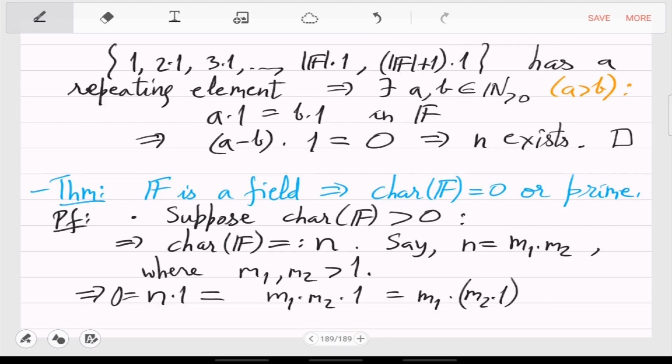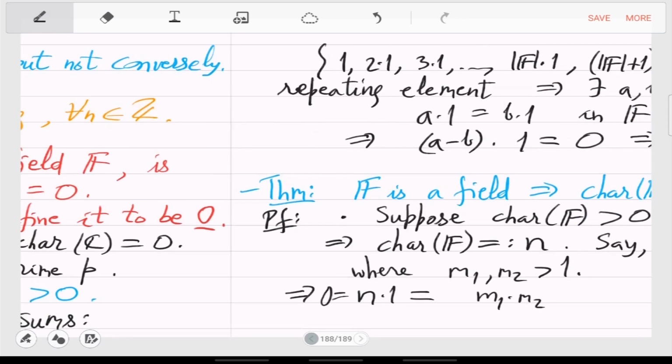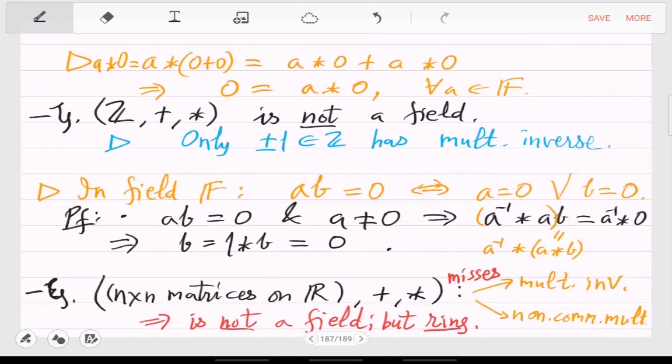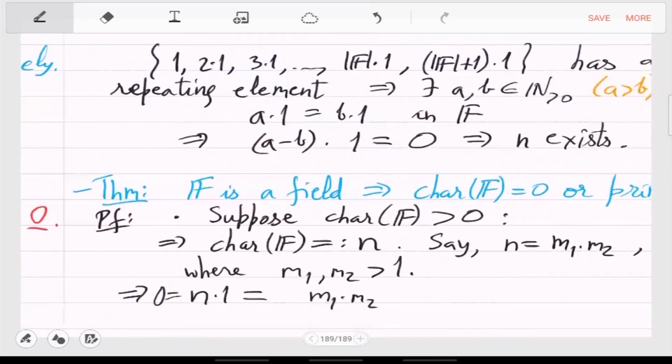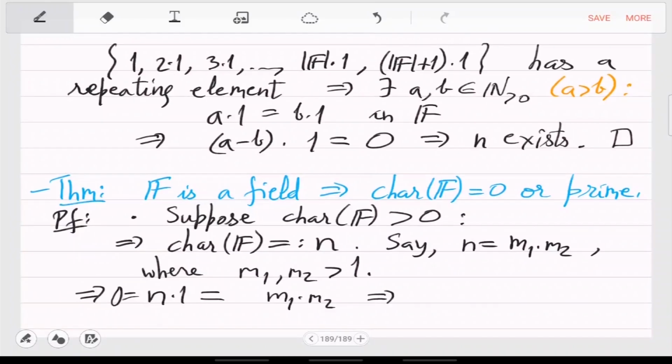Or maybe even simpler, let's just use the cancellation property. AB equal to 0 means one of these is 0, right? So if you use that, then you will deduce that m1 is 0 or m2 is 0, which will be a contradiction. Is that clear?